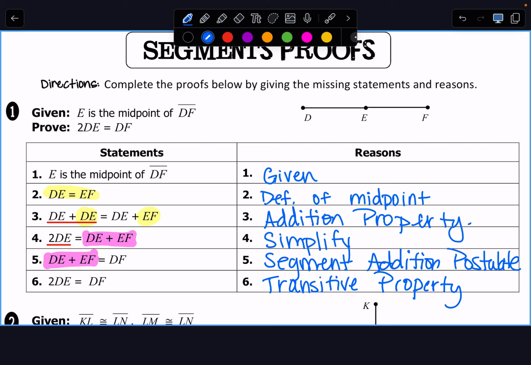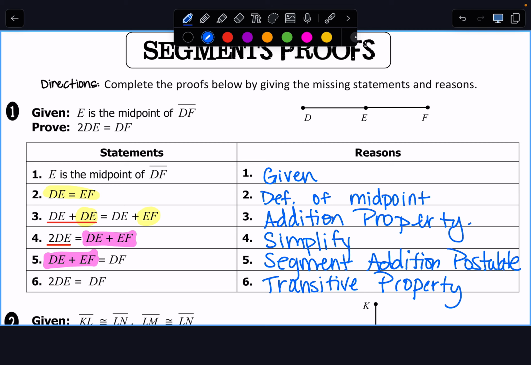I think she means because you already used the EF, why is there still one on the other side? Why is it DE plus EF on the other side of the equal sign? Why does it switch to the other side? DE plus EF equals DF. Okay, so we could have written it the other way.